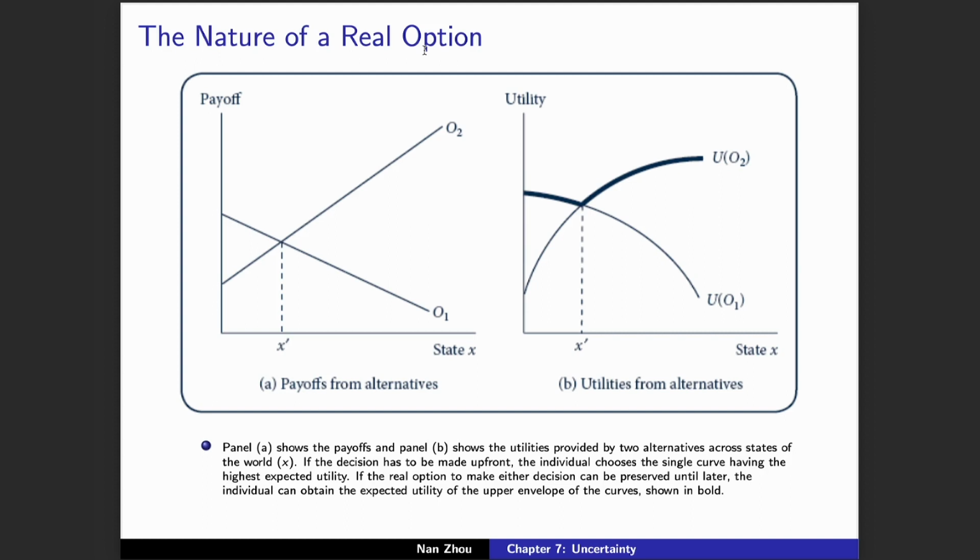If you had an option to pick your action after observing X, then you would choose O1 when X is low and O2 when X is high. So your utility function would be the upper envelope of the two lines. This is always going to be an improvement over having to commit to either O1 or O2 ahead of time.